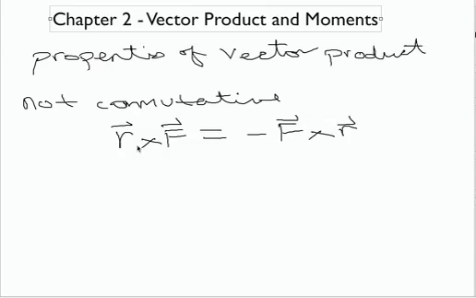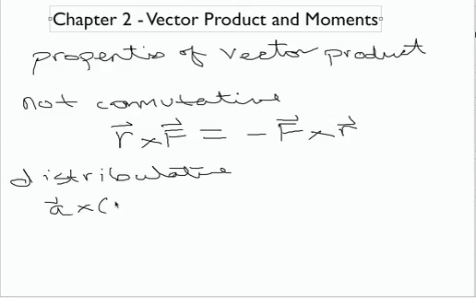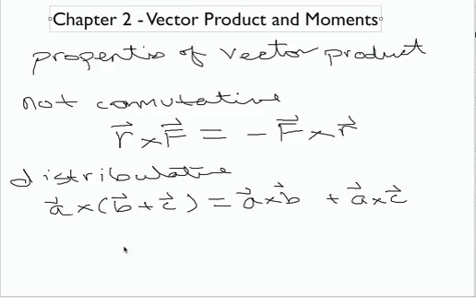Don't swap these because you'll get a negative value. It is distributive with respect to addition. So A cross (B plus C) is equal to A cross B plus A cross C. Notice I preserve the order of the cross product.